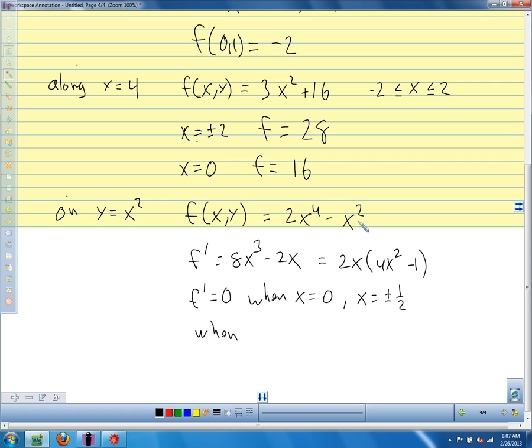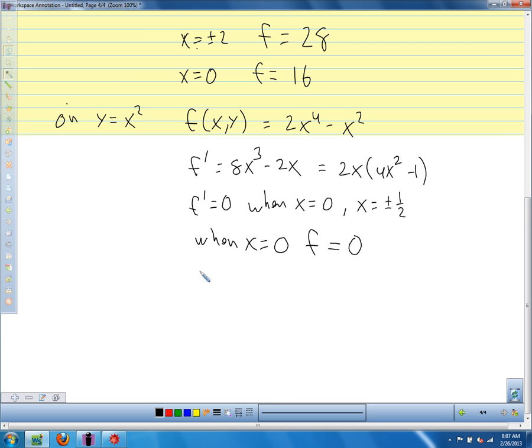The function is 2x to the 4th minus x squared. So when x equals 0, my function evaluates to 0. When x equals plus or minus 1/2, I'm just going to plug plus or minus 1/2 in here, and I get minus 1/8.